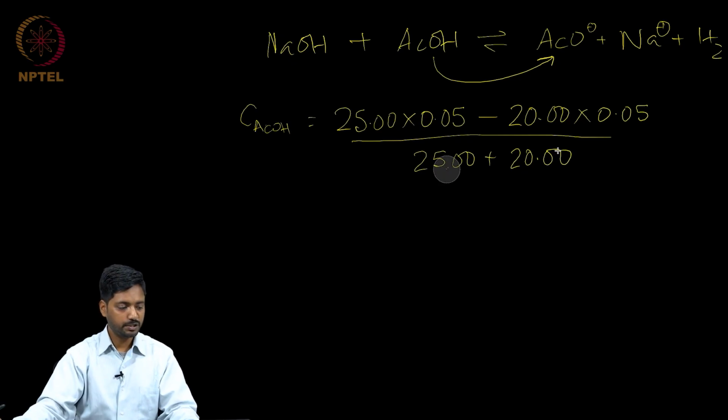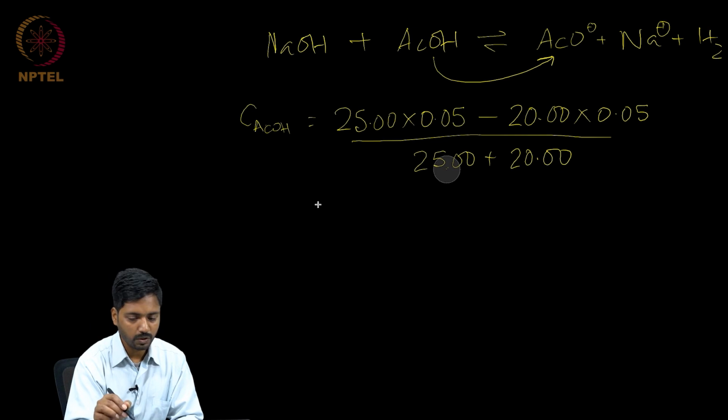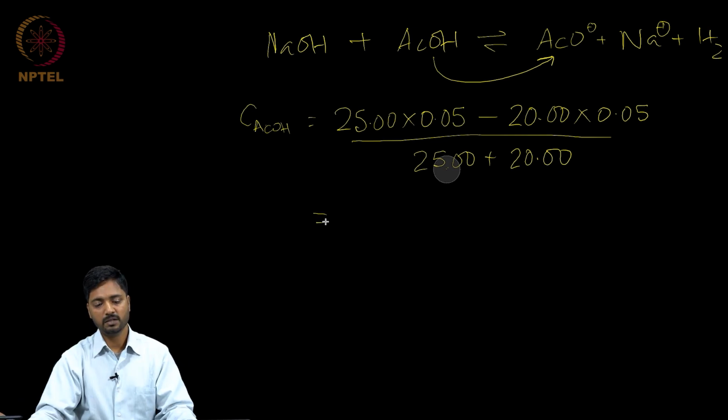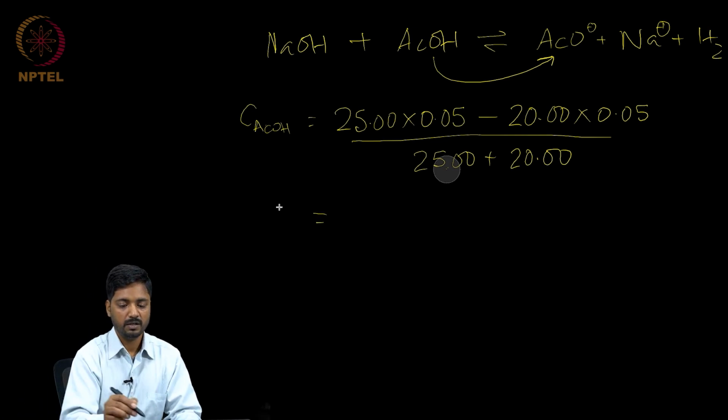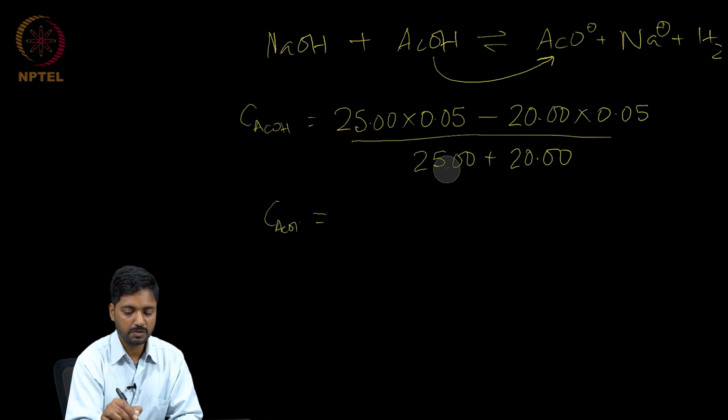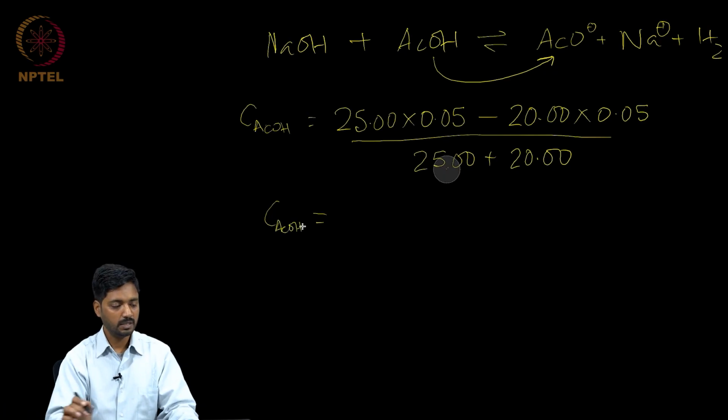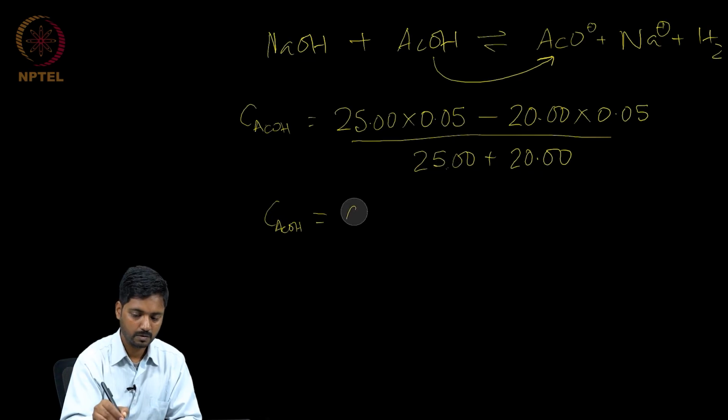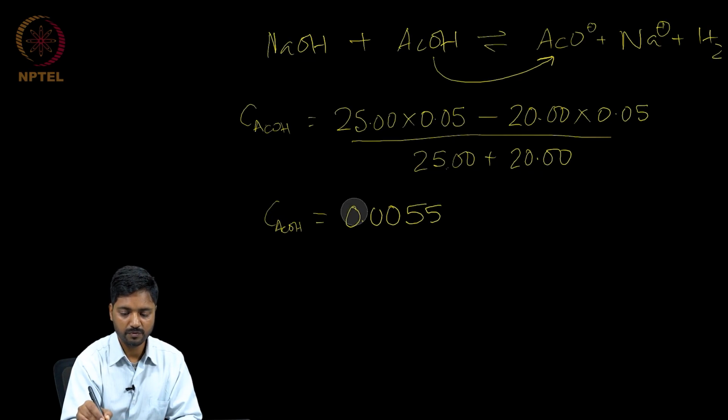So, at this stage, what we observe is that the concentration of undissociated acetic acid in the medium would be 0.0055 molar.